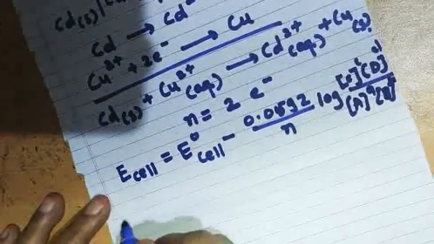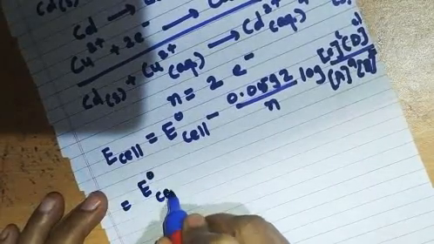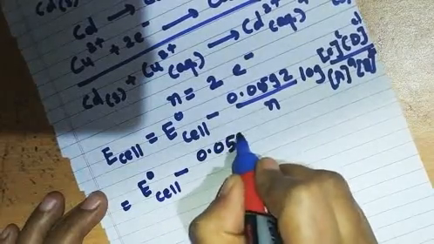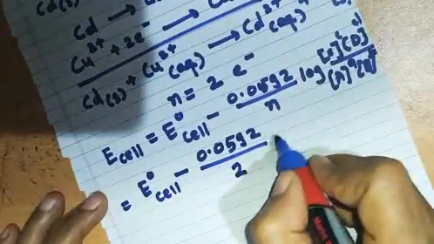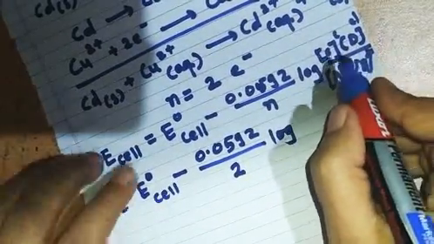Put the values now. We have E naught cell minus 0.0592 divided by 2. Number of electrons is 2. Log of the products over reactants.